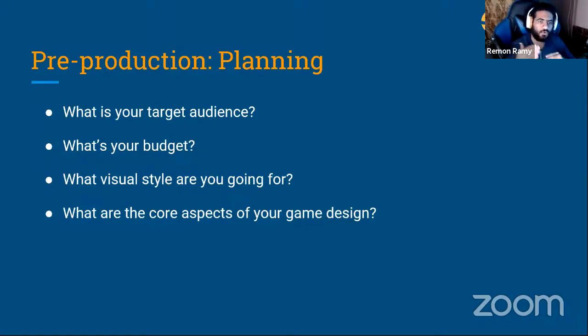You may realize that there are other things that you need, or there are other differences in the budget that you had in mind earlier. What visual style are you going for, and what are the core aspects of your game design? Again, the core aspects are the core functionalities of the things that will really attract the players to your game.